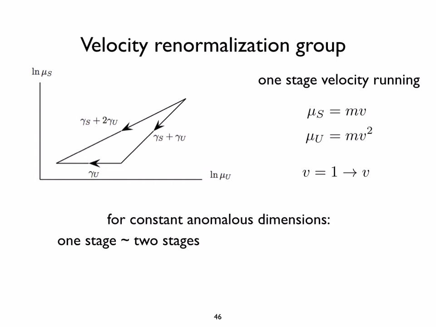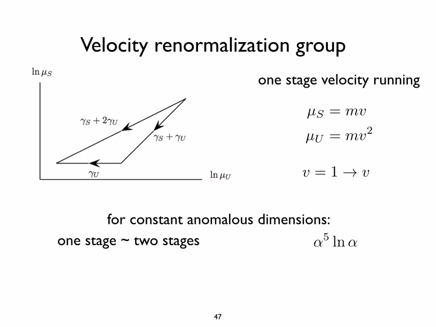However, for the case of constant anomalous dimensions, which is the leading order corrections, these two runnings are equivalent, and that's why we obtain the right result of order alpha to the fifth log alpha as a contribution to the Lamb shift.